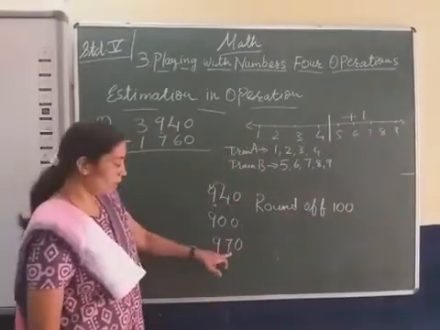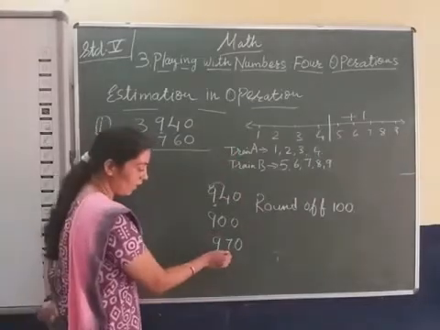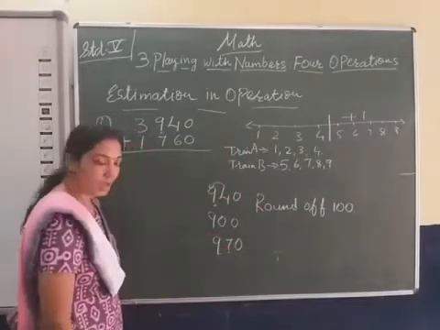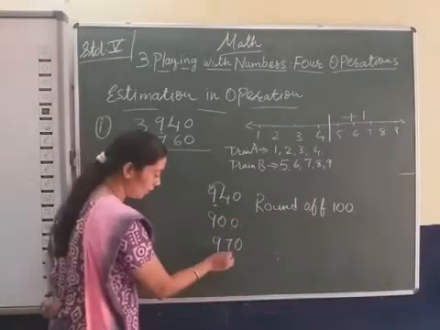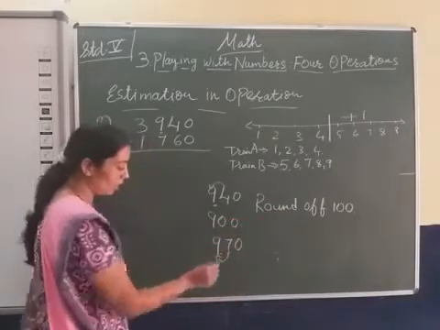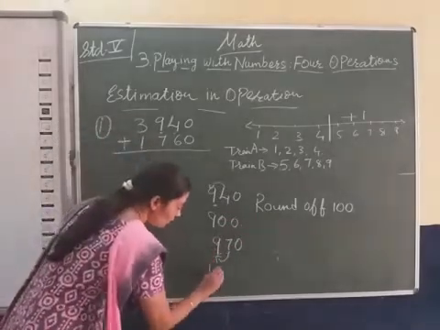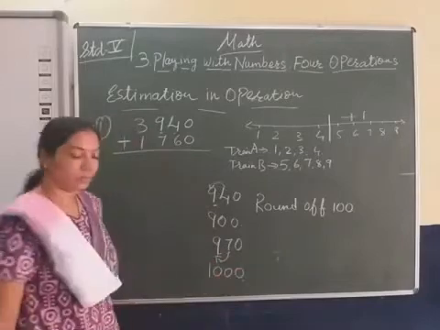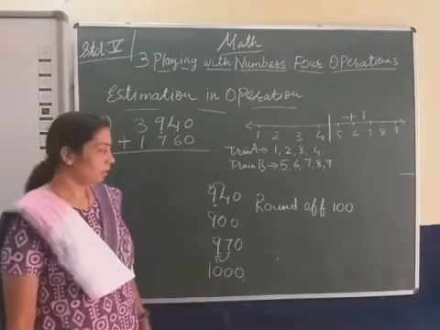And here how do we add? We are not adding this one, because we have to round off by 100, so we add one more here. So 9 plus 1, 10. So the rounded number is 1000.